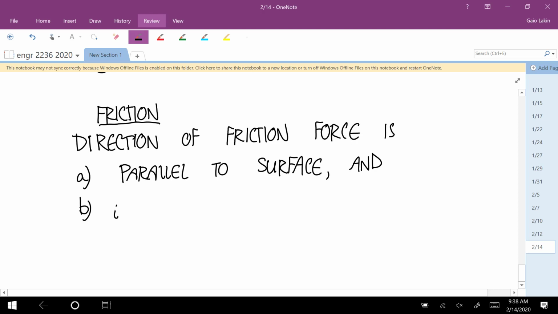If it's kinetic friction, that means that the two surfaces are sliding relative to each other. You can think of the surfaces as having velocity relative to each other.